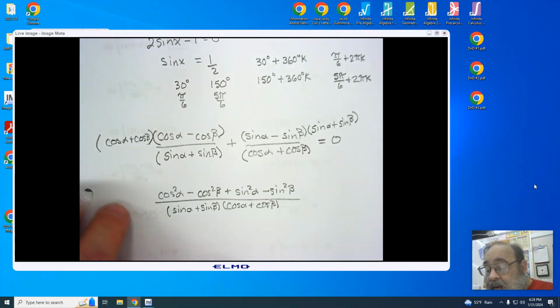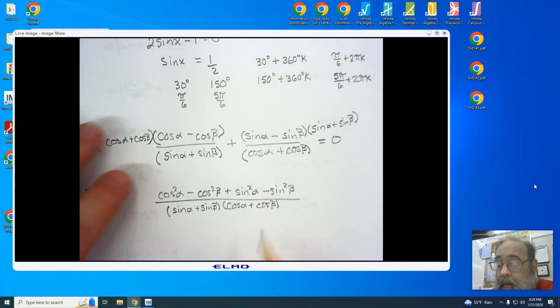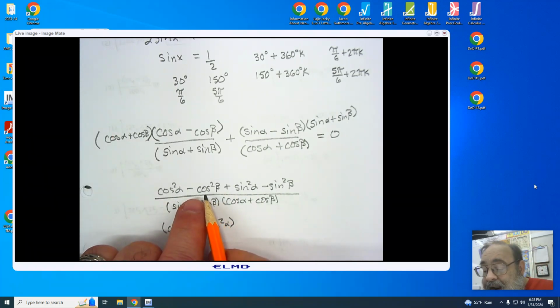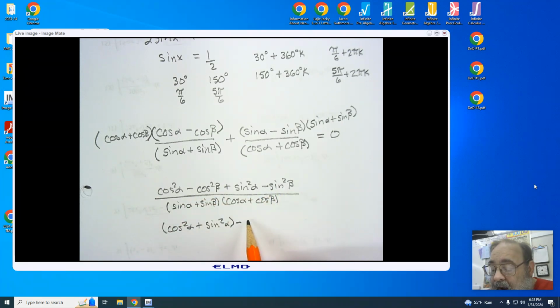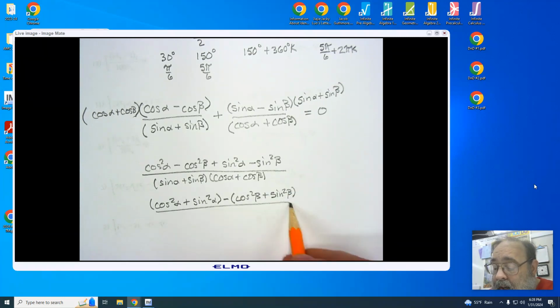Now, when I look at this, I can see that cosine plus sine is going to equal 1. So the cosine squared alpha is going to be moved so that I have the sine squared of alpha next to it. Notice that I now have a negative cosine squared of beta and a negative sine squared of beta, so I'm going to factor out the negative, and I will also then have a cosine squared of beta plus the sine squared of beta. Now, these are our Pythagorean identities.